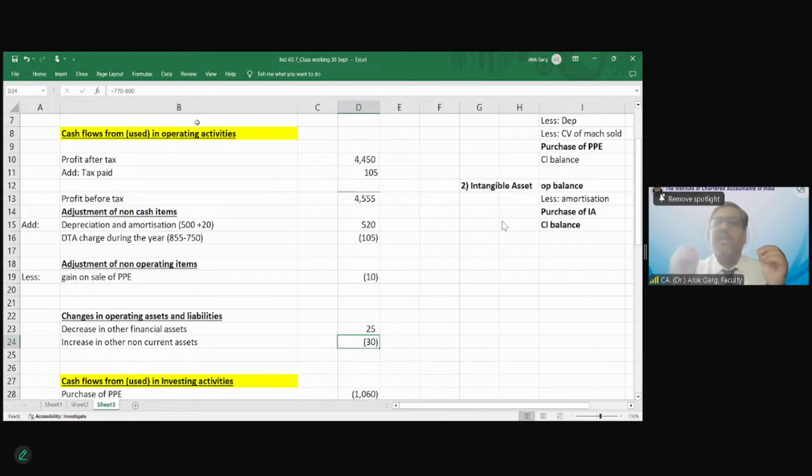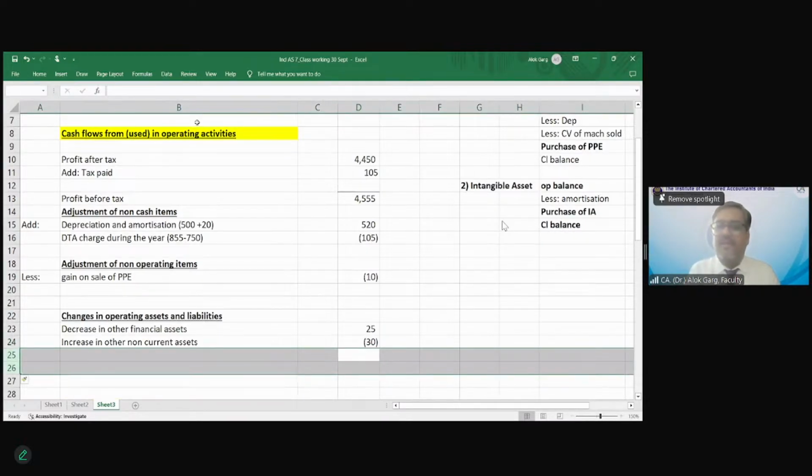और सिंपल अगर आपको एक चीज समझ में आ गई कि डिक्रीज इन एसेट विल इंक्रीज योर कैश फ्लो, तो रिवर्सल कर लो. इंक्रीज इन एसेट विल रिड्यूस योर कैश. सिंपल. क्लियर है ना? आपको सब कुछ याद रखने की जरूरत नहीं है. You are not required to remember everything.